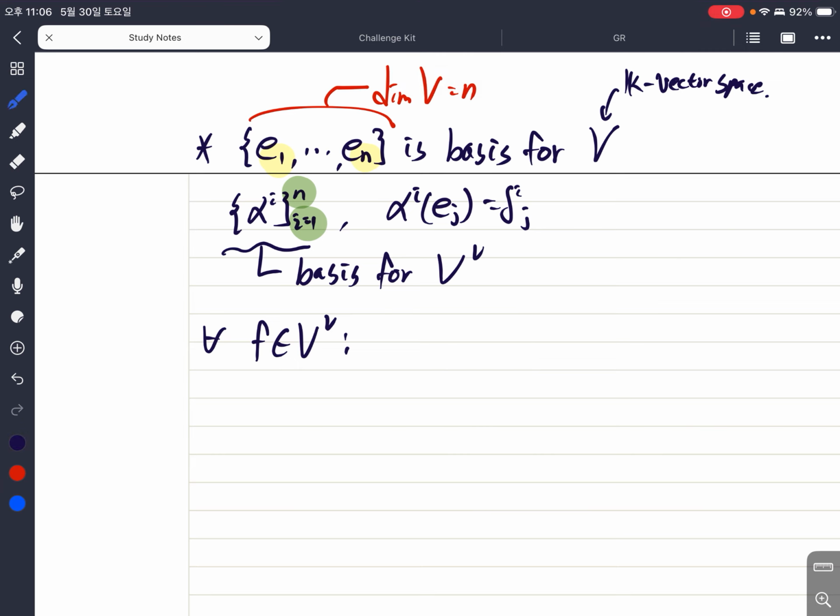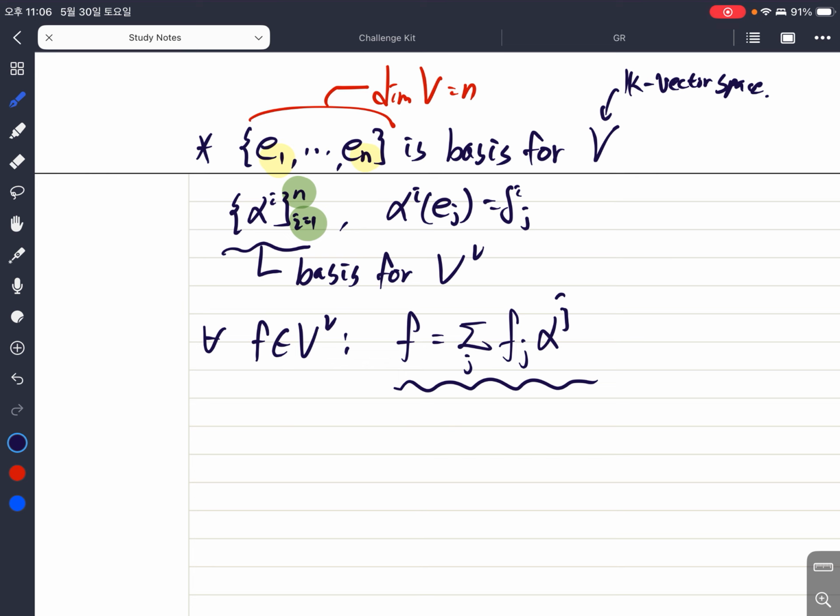If we can have a linear combination spanning the whole space, if we can write every linear map in this form, then we can say alpha spans the dual space, and if we can also show they are linearly independent, then it is done.